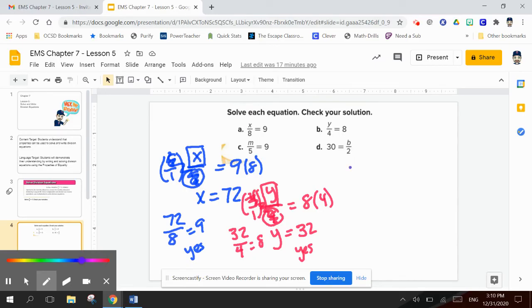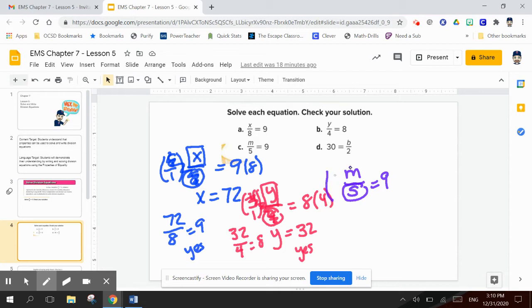If I look at letter C, m divided by 5 equals 9. Again, I'm going to multiply by my denominator, sorry. I'm going to write that as a fraction of 5 over 1 on this side and 5 over here. 5 over 1 and 5 are both the same thing.